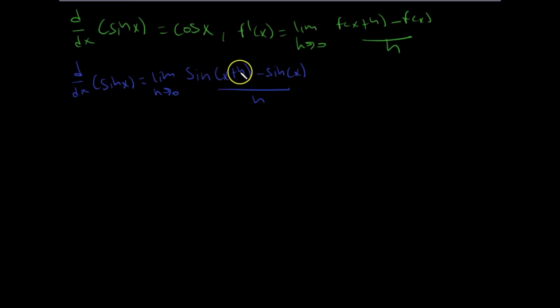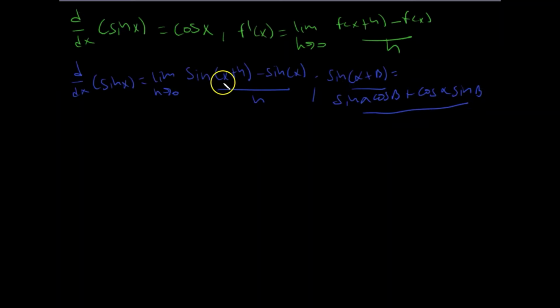You can see right here that this is actually a sine addition identity, which says that the sine of quantity alpha plus beta equals sine alpha cosine beta plus cosine alpha sine beta. If we apply this identity to this term in the limit here, we get that.